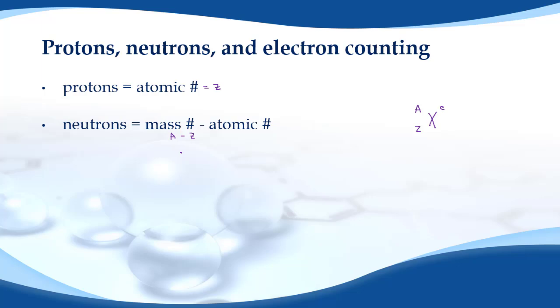The number of electrons, so remember, the charge is the difference between the protons and electrons. So that's going to be our atomic number minus the charge. Right, so this is how you find out the number of each particle in one of these symbols or in any isotope that you're working with.